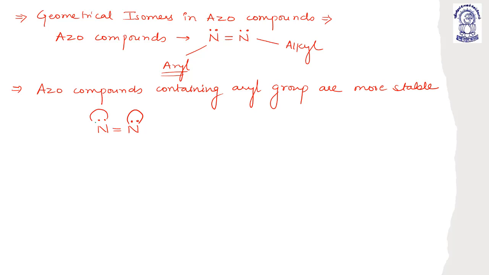lone pairs. It is known as what? Cis azobenzene, if the lone pairs are on the same side.